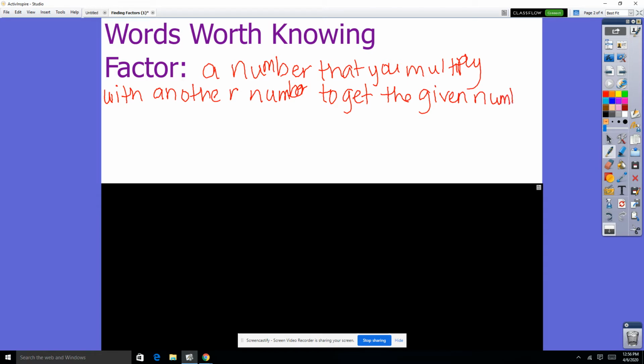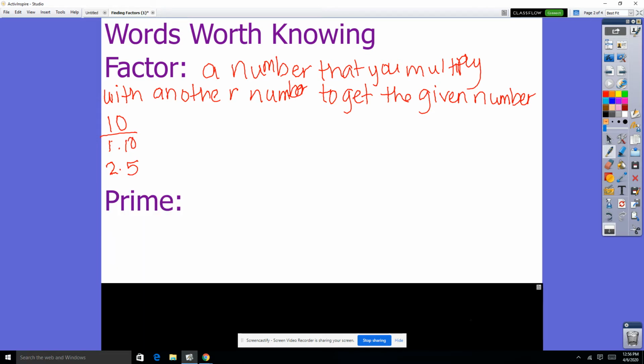So, for example, if I gave you the number 10, the number 10 has 4 factors. One factor of 10 is 1 times 10. So 1 and 10 are factors of 10. Another factor of 10, since 10 is even, is going to be 2 and 5. So factors are those numbers that multiply to give you 10. So 1, 10, 2, and 5 are all factors of 10.